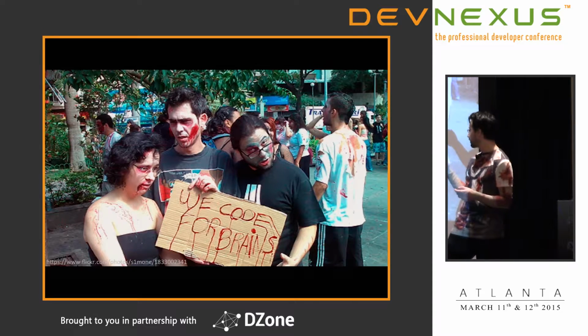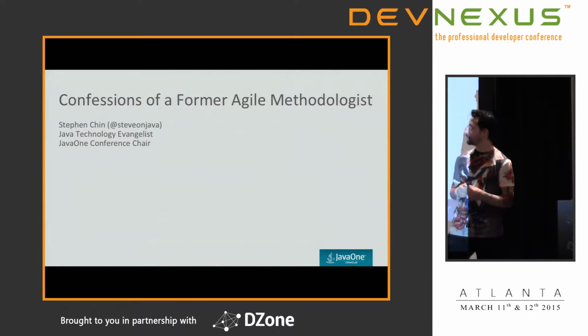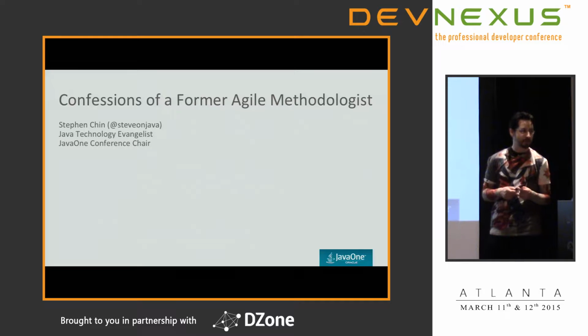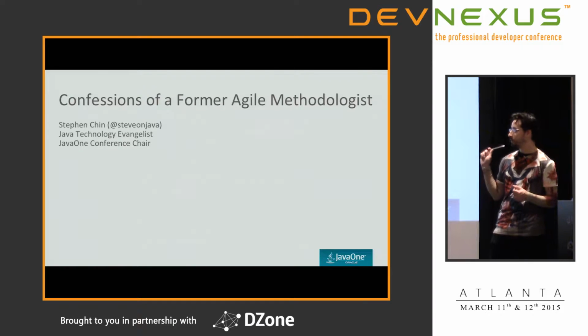OK, so part 2, confessions of a formal Agile methodologist. And the inspiration for this talk is before I joined Oracle, I was actually quite active in the Java community. So I co-authored the JavaFX book with Mr. Weaver. And we were speaking and traveling around and doing things.